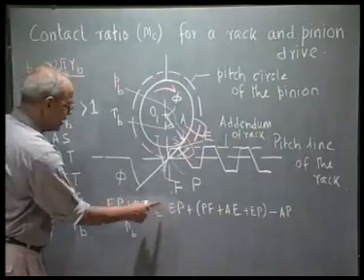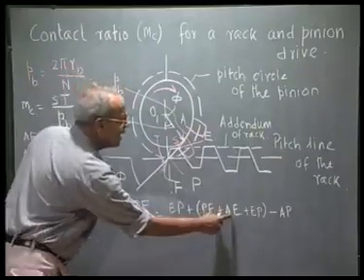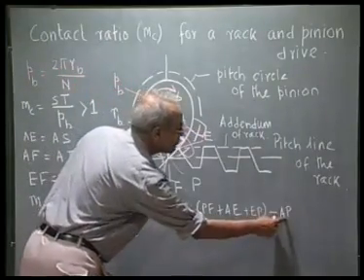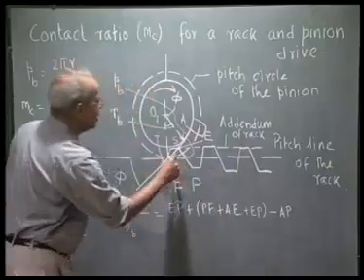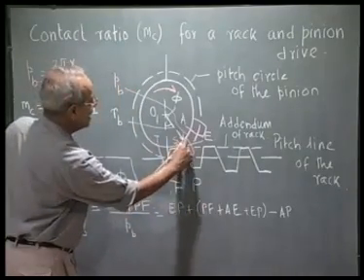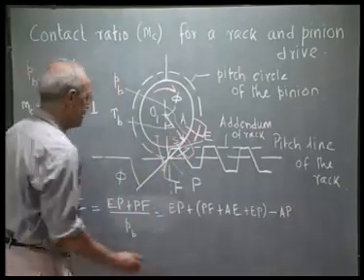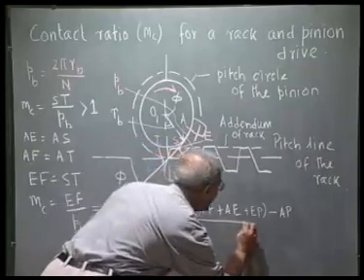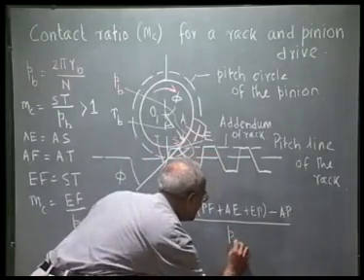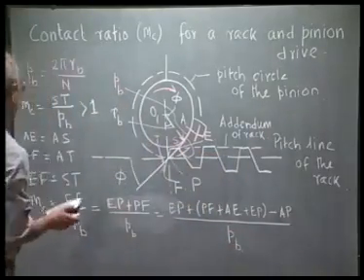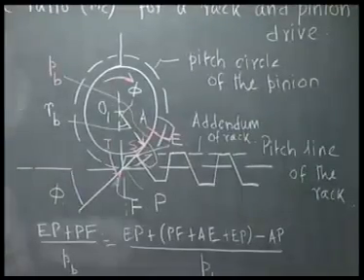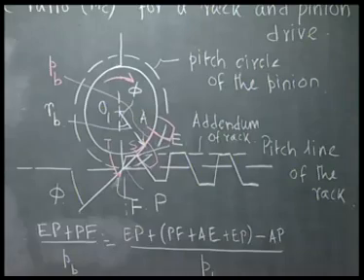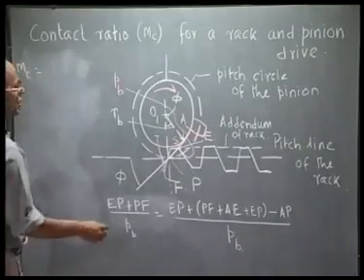EP I have written here, PF I have written here, AE plus EP I have added, so I have subtracted AE plus EP, which is nothing but AP, divided by PB. So, finally, I get the expression of MC, contact ratio, is EP.